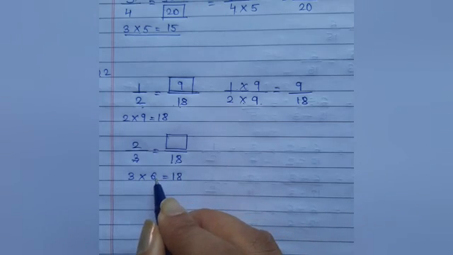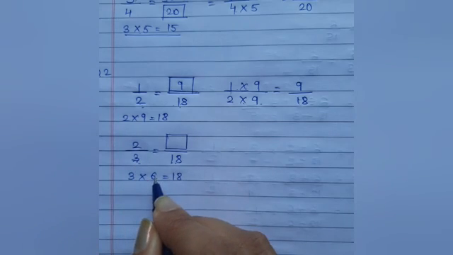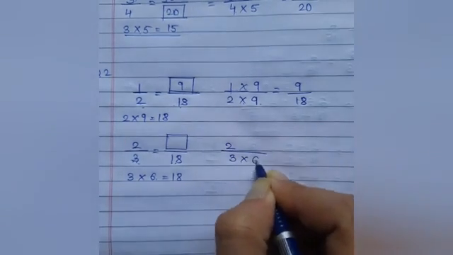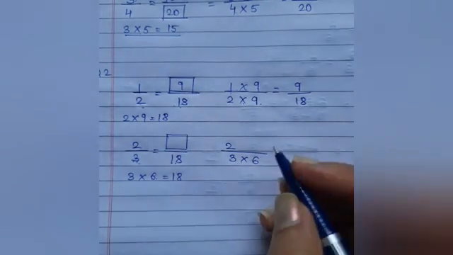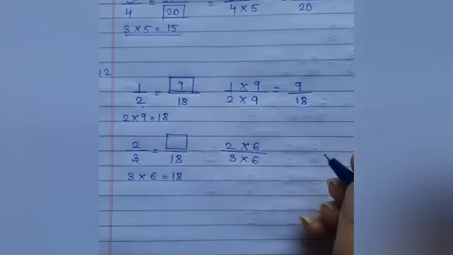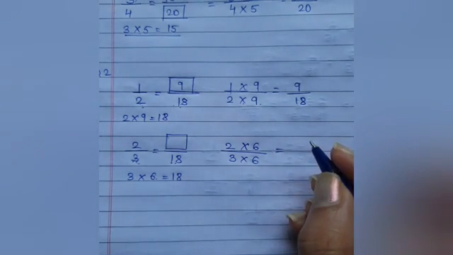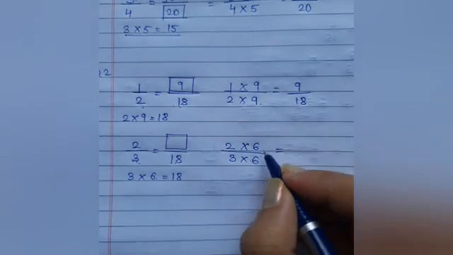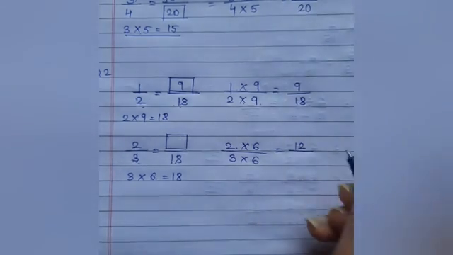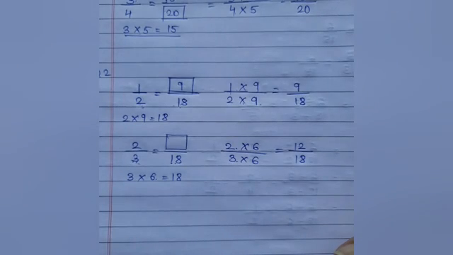So if the denominator is multiplied by 6, then the numerator will also be multiplied by 6. So the value obtained is 2 into 6 is 12 and 3 into 6 is 18.